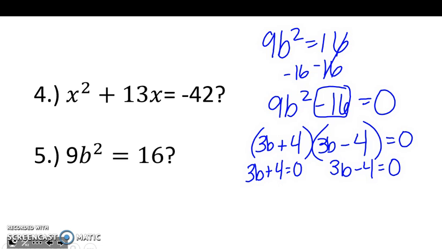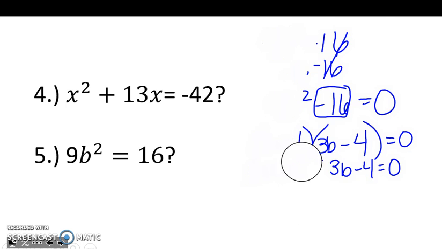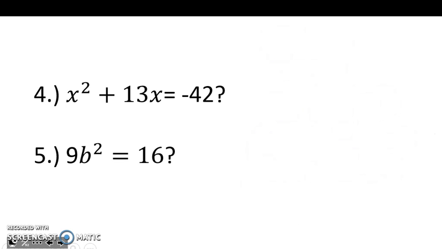All right. I do want to show you one where you have to factor out a number first. So whenever you factor out a number first, you don't do anything with it, okay?